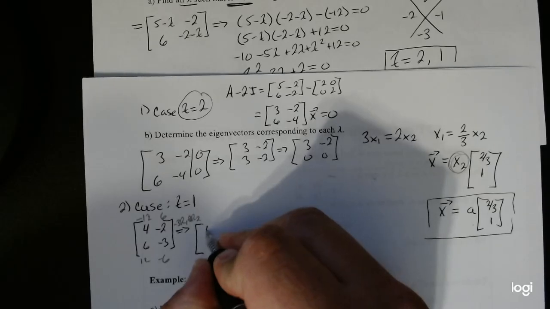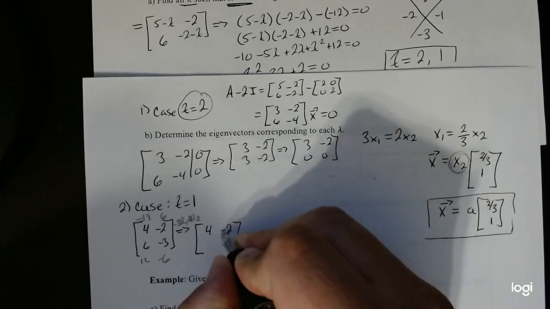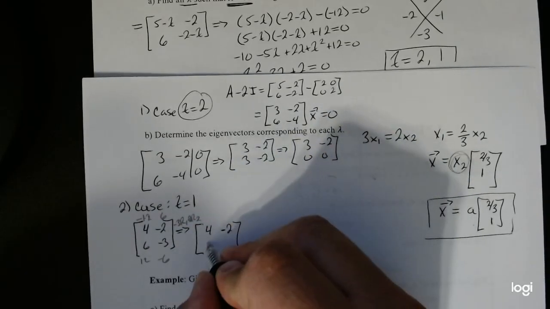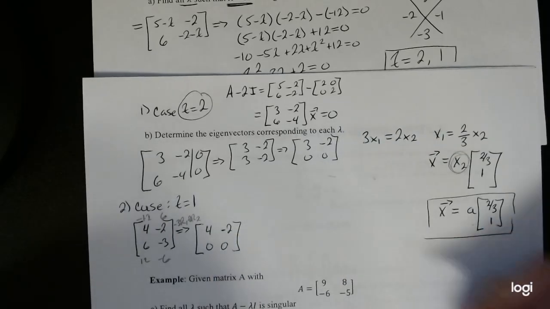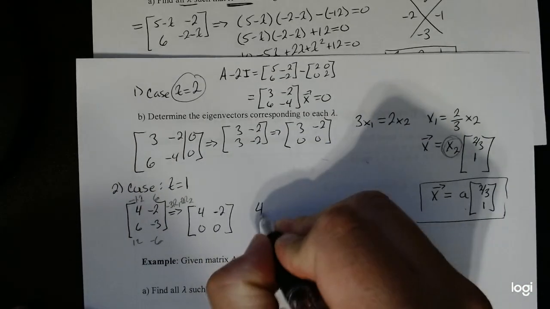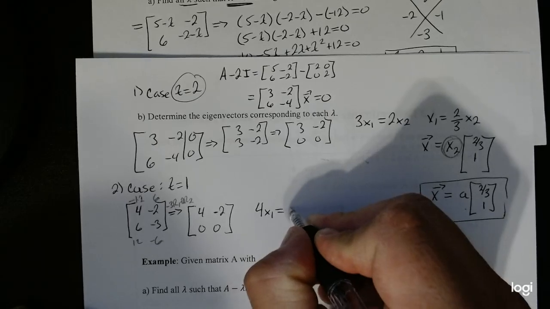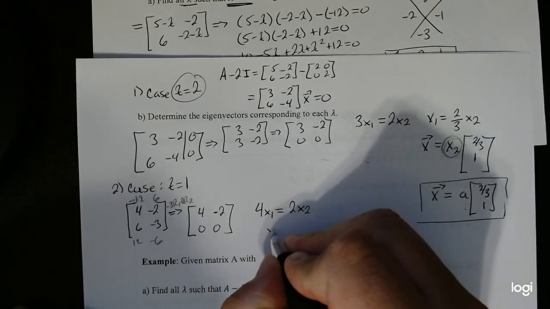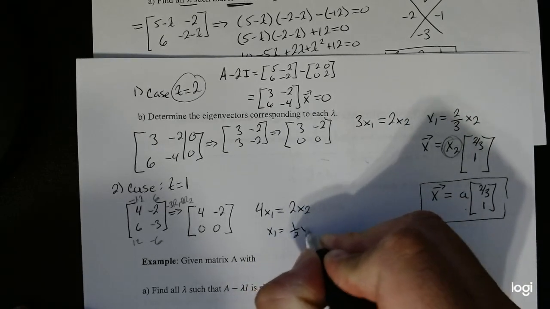So I'll keep the top the same. Yeah, actually cancels as well. Okay. So then for our x1 is equal to positive 2x2. So x1 is equal to 1/2 x2.